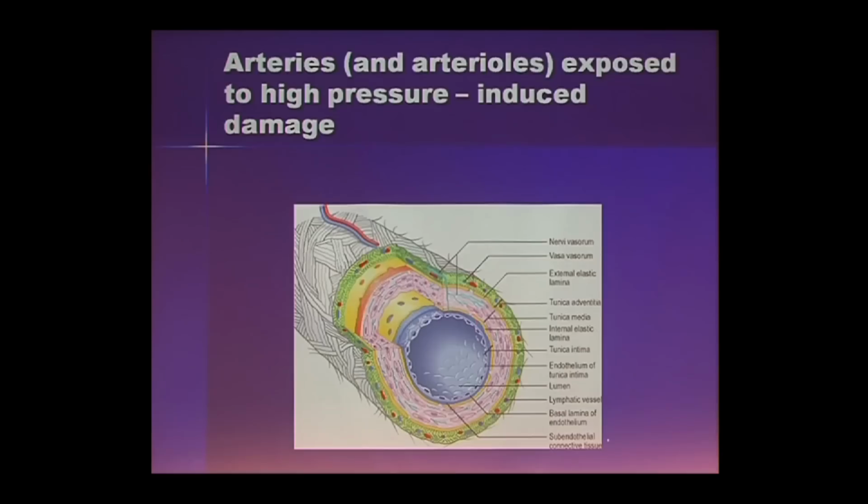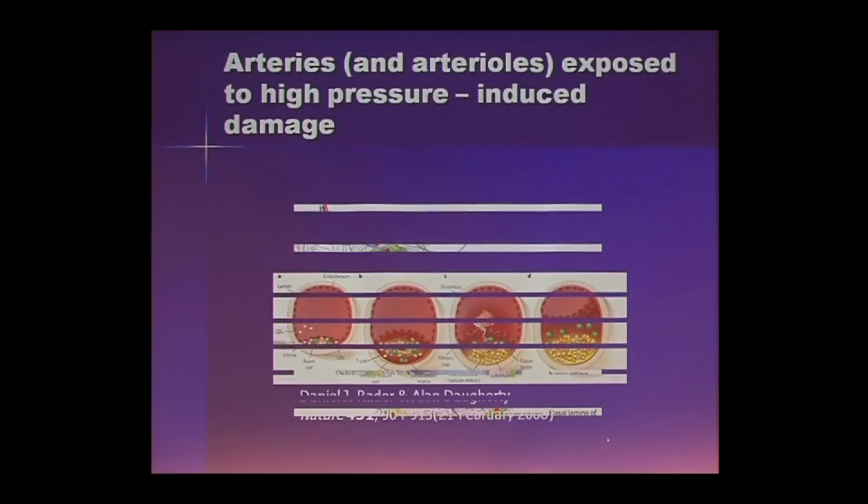One thing that I want to tell you now about arteries and arterioles is to remind you of that figure Betty showed you. Remember? This is a generic blood vessel. It has endothelium, smooth muscle, and connective tissue on the outside. The thing is that arteries and arterioles, but particularly arteries, are exposed to high pressure.